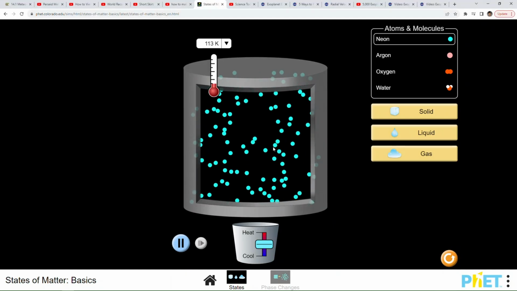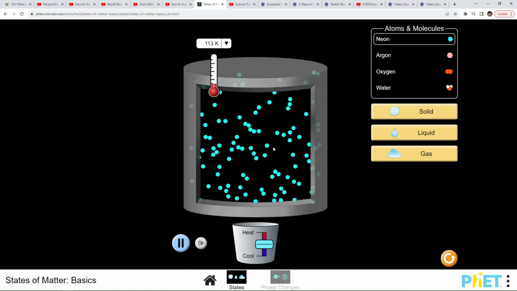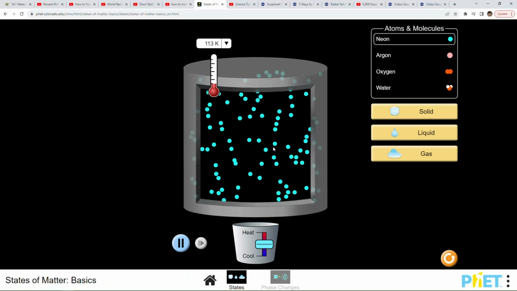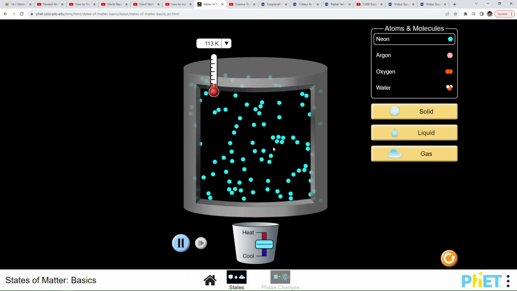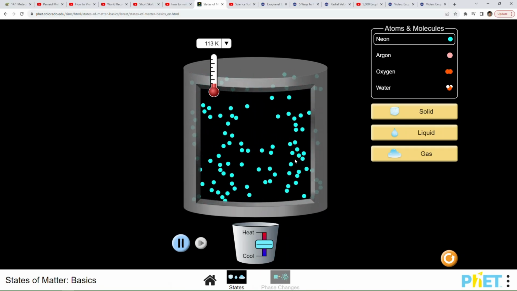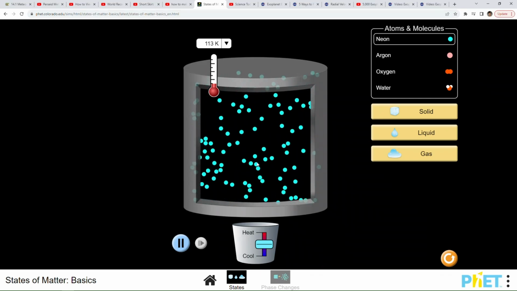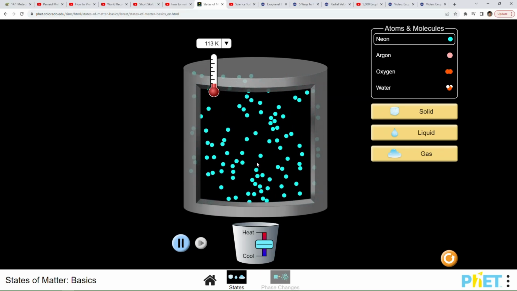So as the object moves faster and faster, collectively what we observe is that the temperature becomes higher and higher. Those two terms, the fast motion of molecules and high temperature, are basically equivalent.